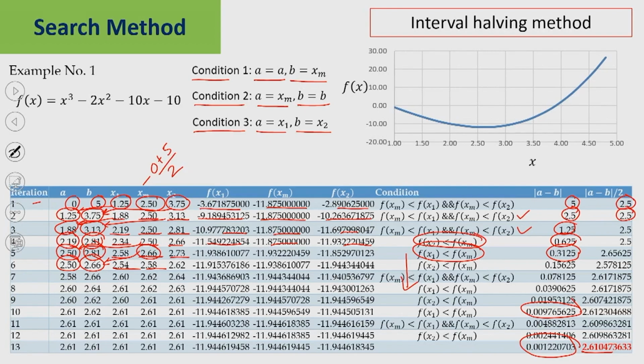So, this method is the interval halving method. Now, I would like to discuss one point here.